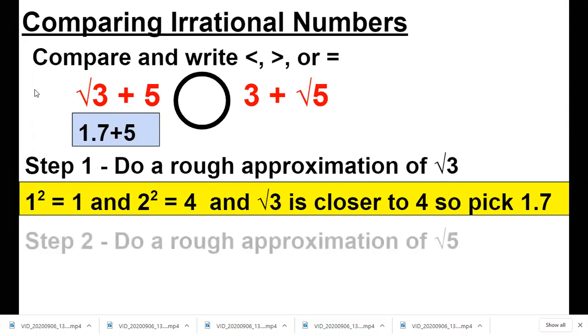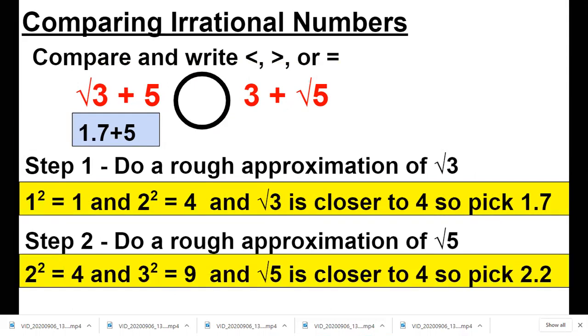So step 2 is going to be to do a rough approximation of square root of 5. That's on the right side there of the circle. So again, we're going to find those numbers. 2 squared is 4, and 3 squared is 9. We know that the 5 is going to be closer to 4. So halfway between 2 and 3 is 2.5.